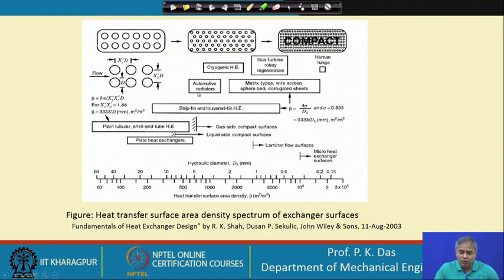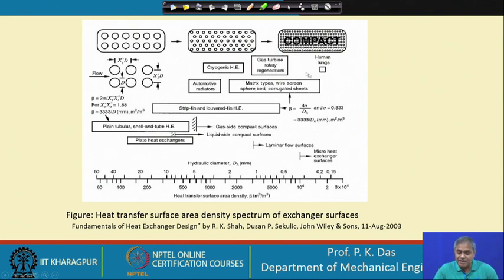Then automotive radiators: nowadays, all the heat exchangers used in automobiles are very compact. Then matrix type, wire screen, sphere bed, corrugated sheet etcetera are all compact heat exchangers.